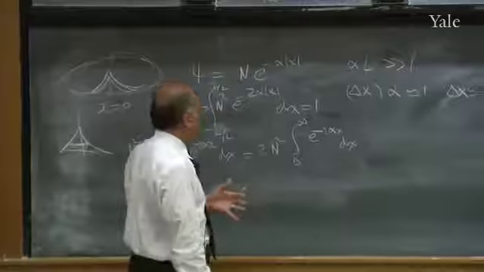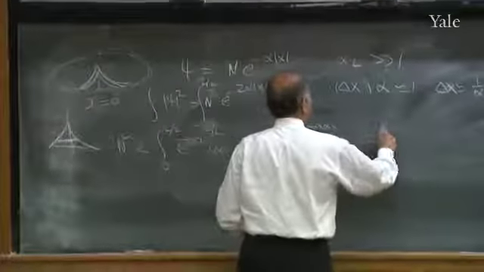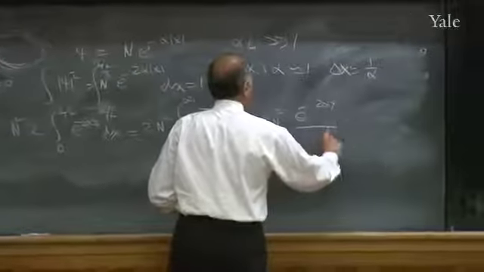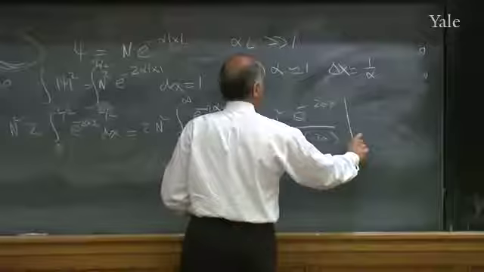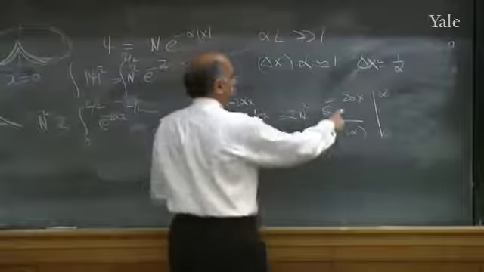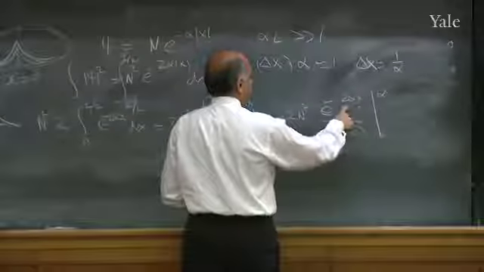That's a pretty trivial integral. It's just 1 over 2 alpha. If you want, I will write it out. It's e to the minus 2 alpha x divided by minus 2 alpha from 0 to infinity. At the upper limit, when you put infinity, you get 0. At the lower limit, when you put x equal to 0, you get 1.